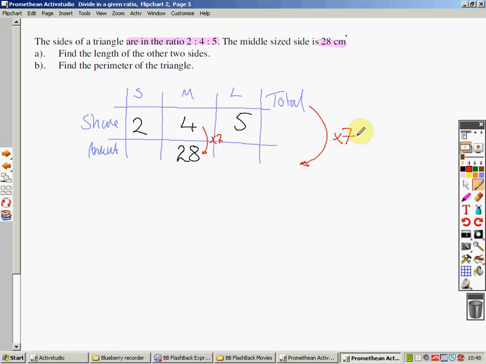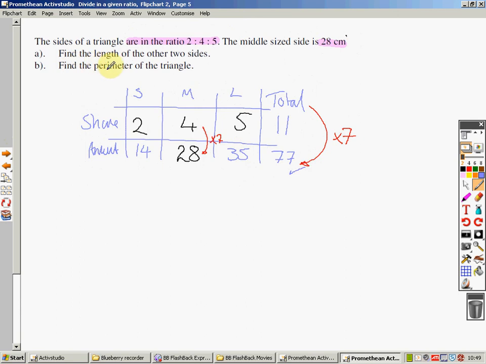Go back and fill in the remainder of the table. 2 times 7, 14. 5 times 7, 35. Add those up. Should be 77. Add these up. 11. 11 times 7 is 77, so I'm fairly sure I'm correct.